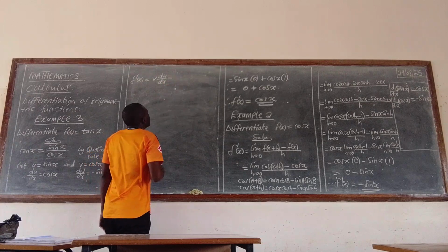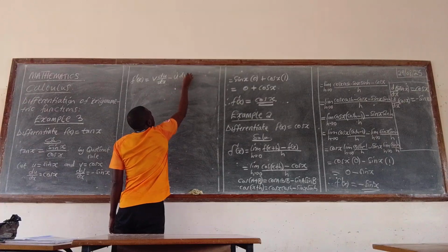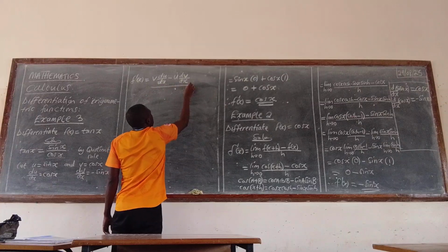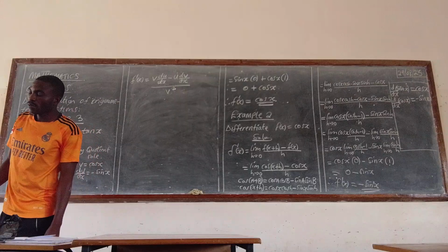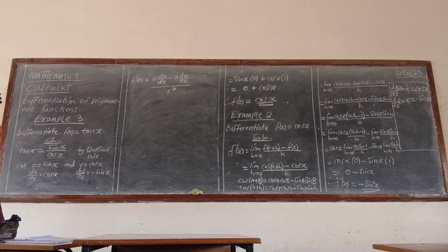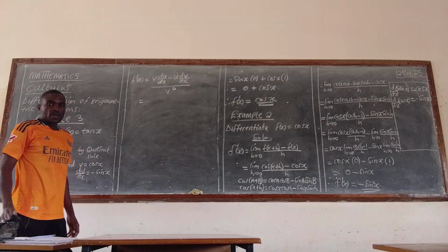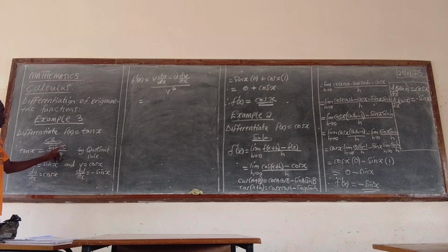Then minus, we keep the u constant and derive the second function with respect to x, then divided by the second function squared. So now, we are just going to replace, since we made our job easy by finding the derivatives in advance for the first function and the second function in terms of sine and cosine.